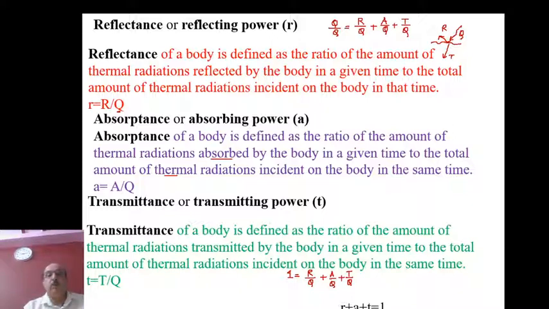Reflecting power plus absorbing power plus transmitting power is equal to 1. So the addition of reflectance, absorptance and transmittance is always 1.